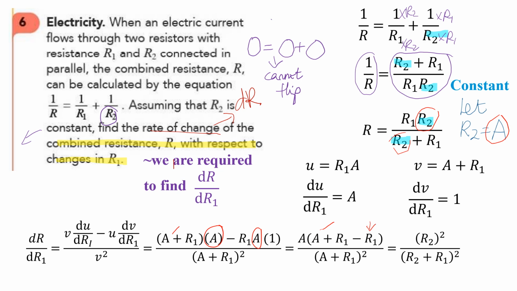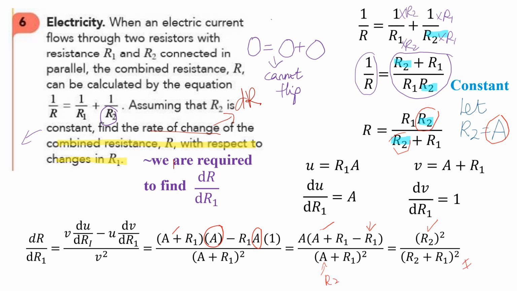Then R1 minus R1 will be gone, so you only have A times A. Remember your A is a replaced value for R2, so you need to put back R2. A times A is R2 times R2, which gives R2 squared. And the other A is replaced back with R2.